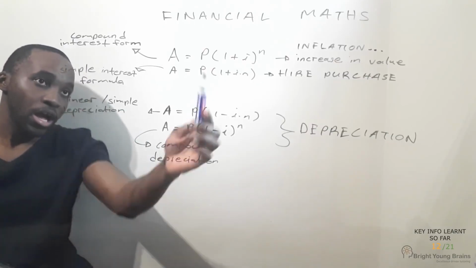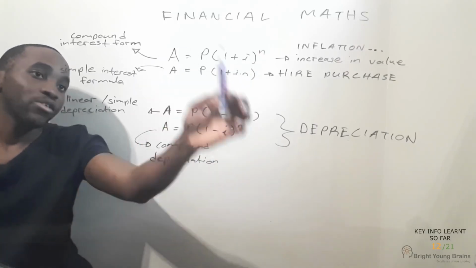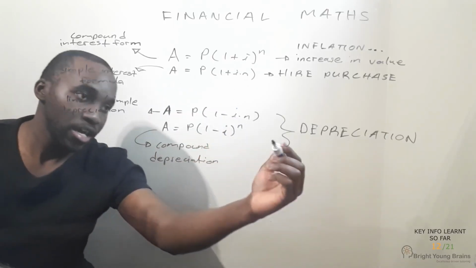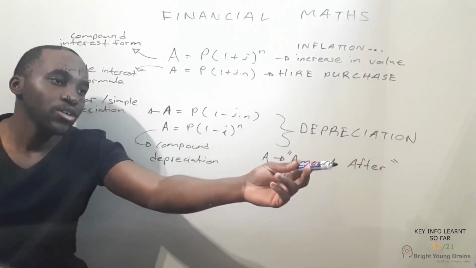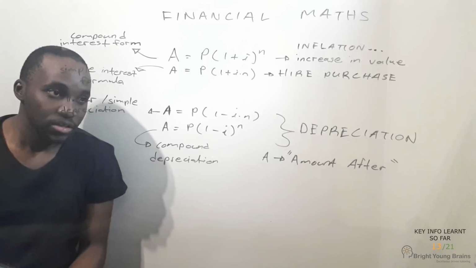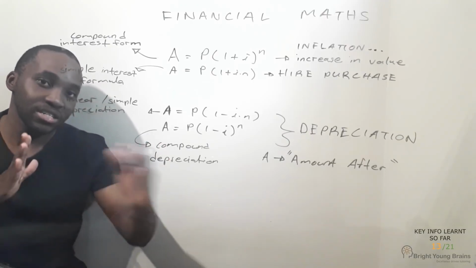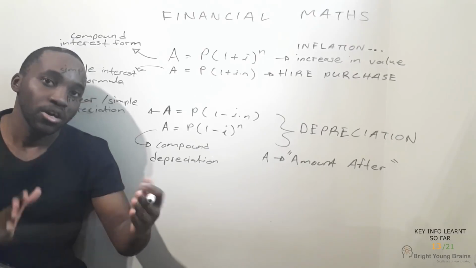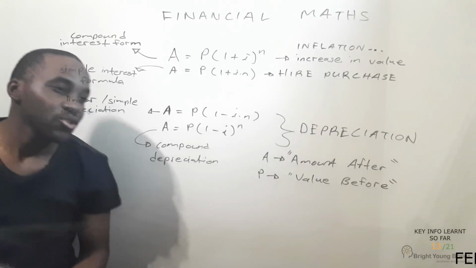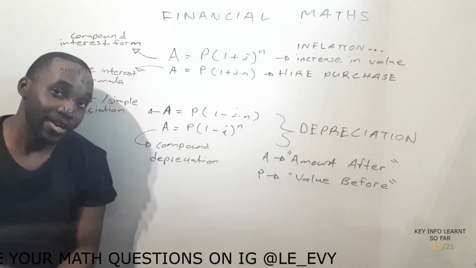Apart from that though, our variables A, P, I, and N all mean the same thing for all these formulas, in the sense that A, you can informally refer to that as the amount after, in the sense that A is the amount after a certain time period has passed. To make better sense of that, P, you can simply remember that as the value before a time period has passed.